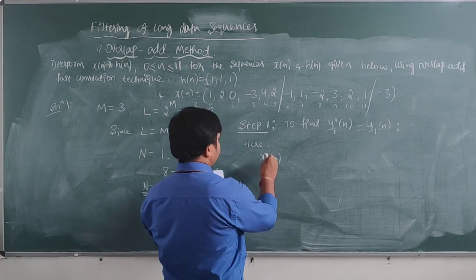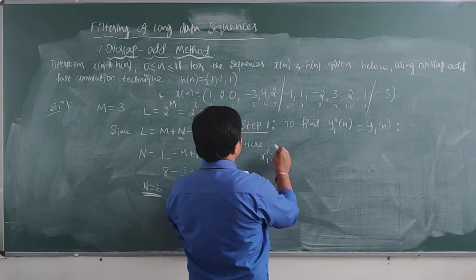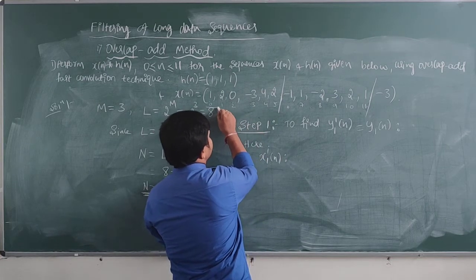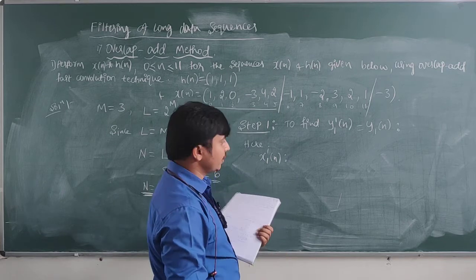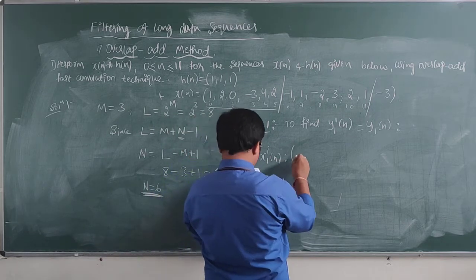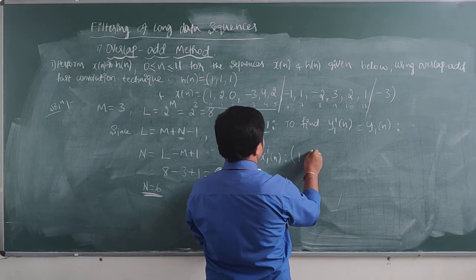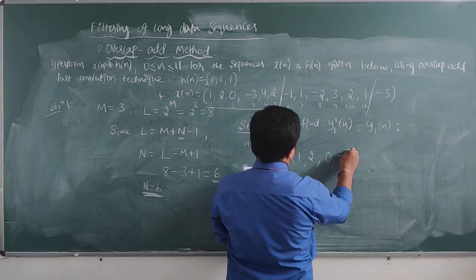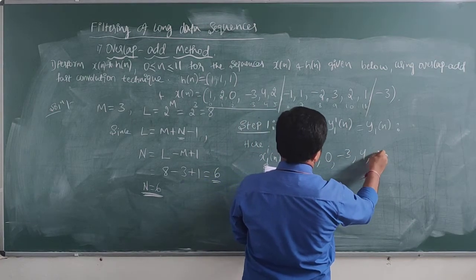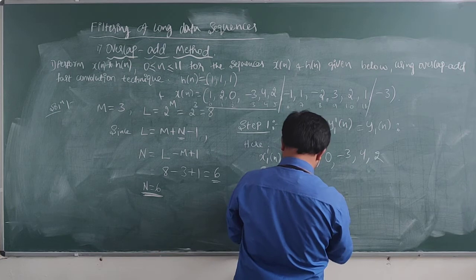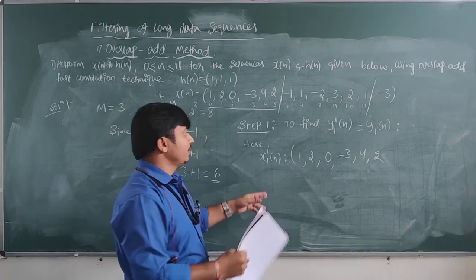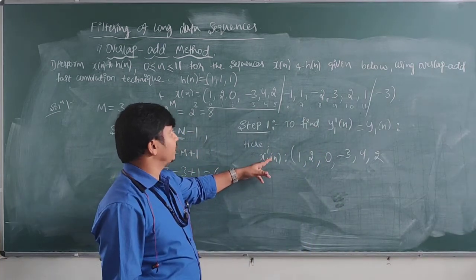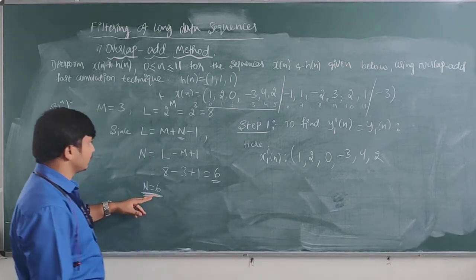I will call it x1 dash of n, the first sequence: 1, 2, 0, minus 3, 4, 2. This is my x1 dash of n, of length 6.